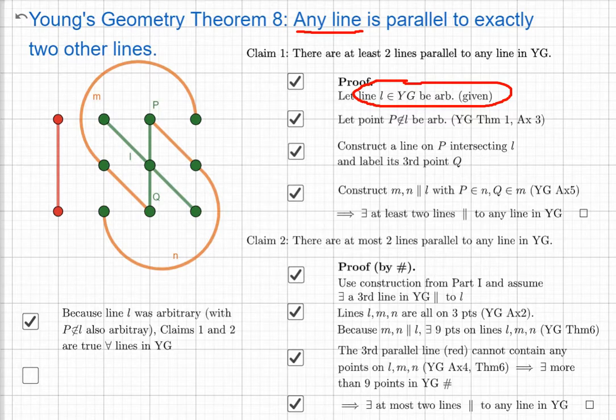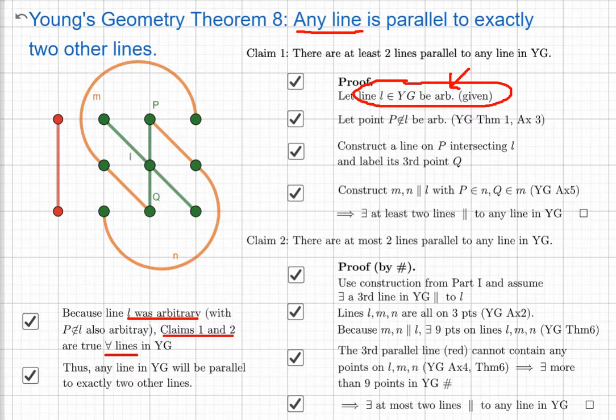And now at the end of the proof, since everything is true in claims 1 and 2, because the line L was arbitrary, both of these claims are true for every possible line I can draw in Young's geometry. So we've proven that you pick any line L that you want, and the same proof will work. And therefore, any line in Young's geometry will be parallel to exactly 2 other lines.